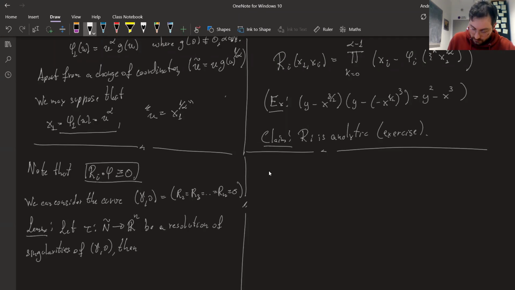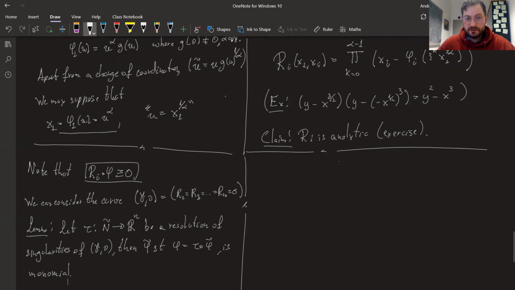Then phi tilde, equal to tau composed with phi, such that phi tilde is monomial.